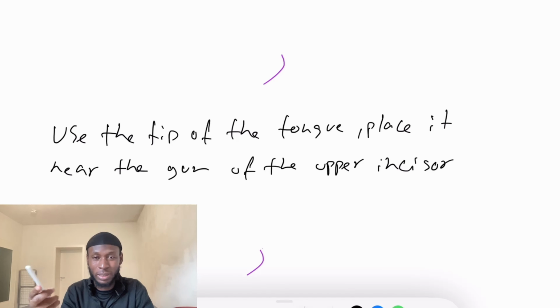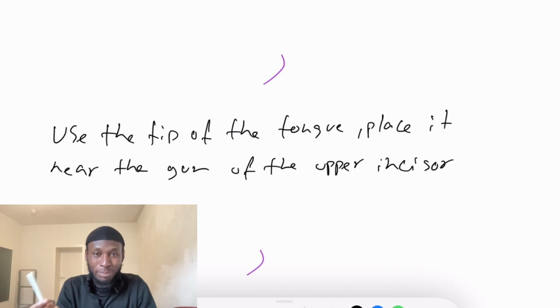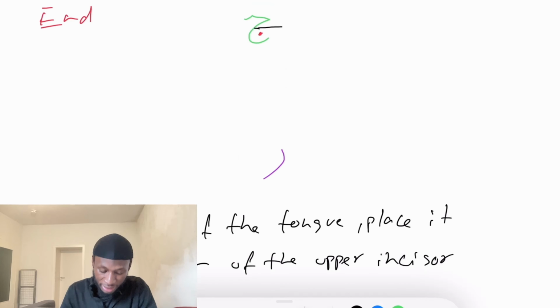I don't know how to do it, I'm not capable of doing that. But there are some people that roll the Ra, and that is a mistake. In Arabic, you don't roll the letter. You don't roll the Ra. So this is how you generate Ra.